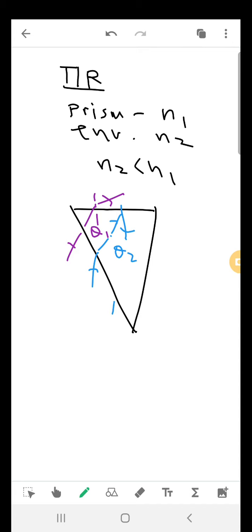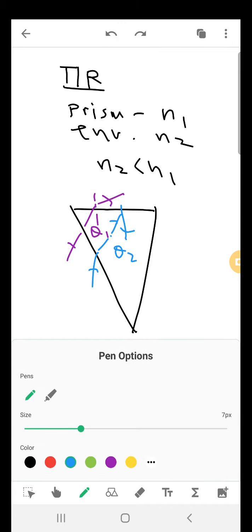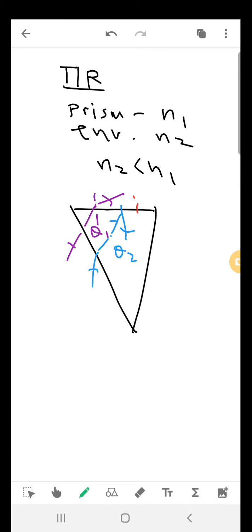And it also happens in the third case that after reflection it again moves to the environment. This is theta 3.